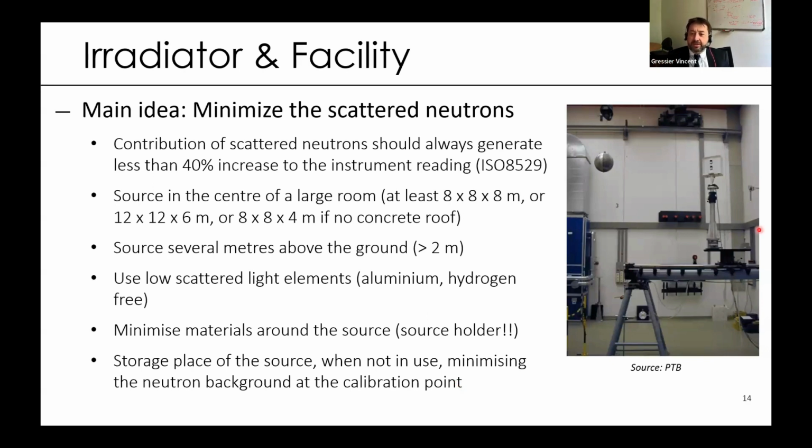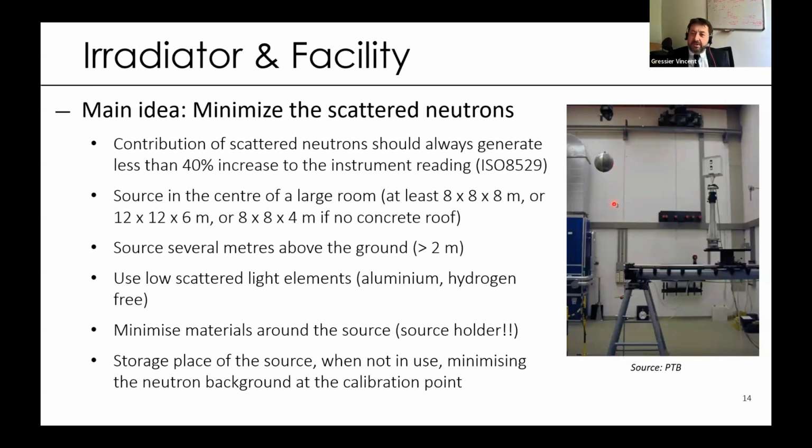I provide here an example of what is done at PTB. At PTB, you have wires. You cannot see the wires. And here you have the source. It is a sphere where you can put a heavy moderated source, putting the calibration source in it, but this is the source. You see that there is nothing around because it's just wire that can move the source up or down.